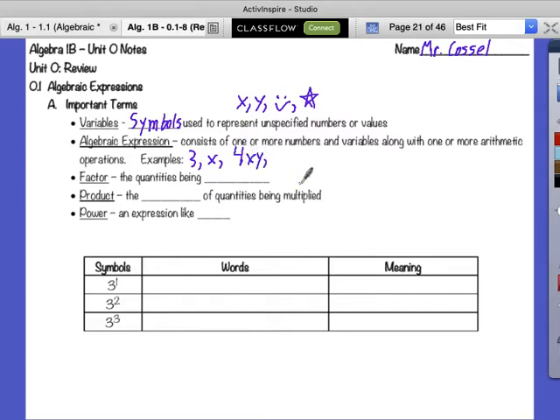There's 3 different things multiplying together, but that's an algebraic expression. You can have 2x plus 5. Have addition in there. It's an algebraic expression. Or you could have something like 3x squared minus 5x plus 4. That could be an algebraic expression. Okay. And these are just some random examples. They really could be anything.